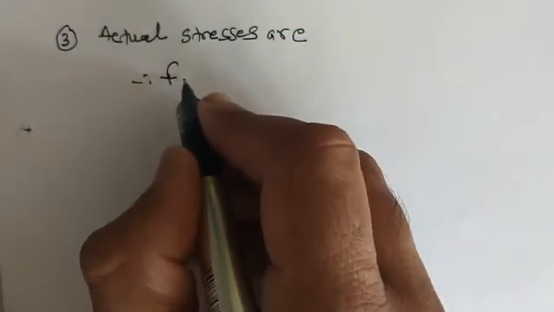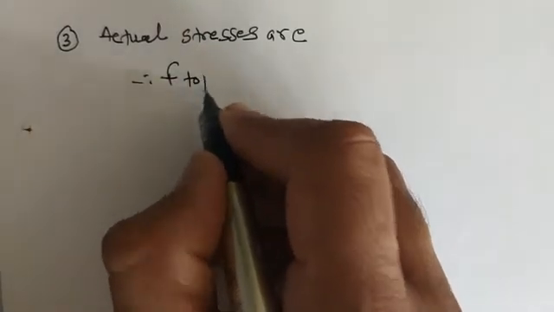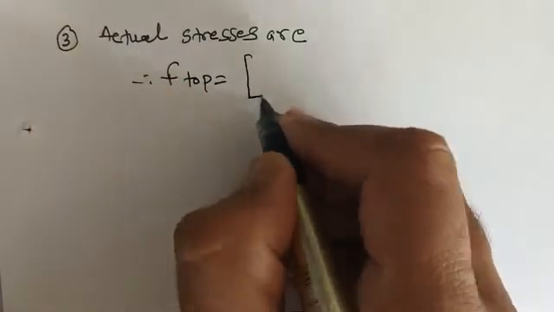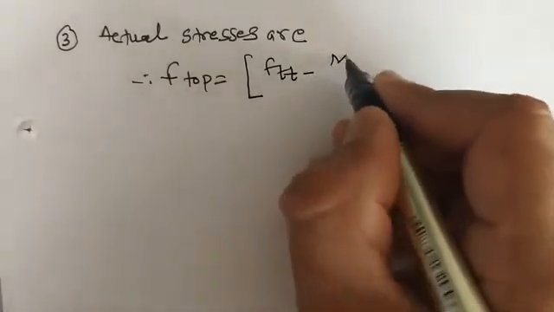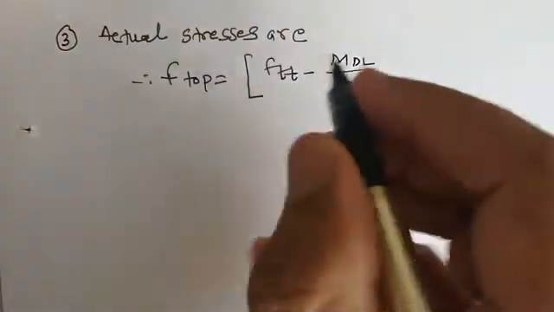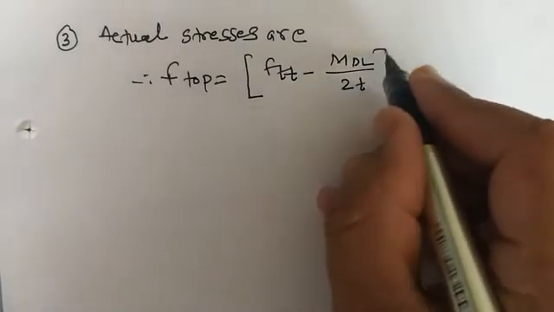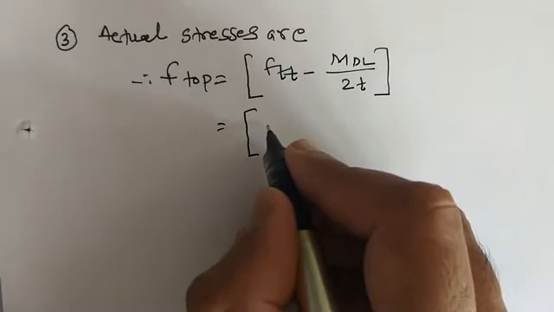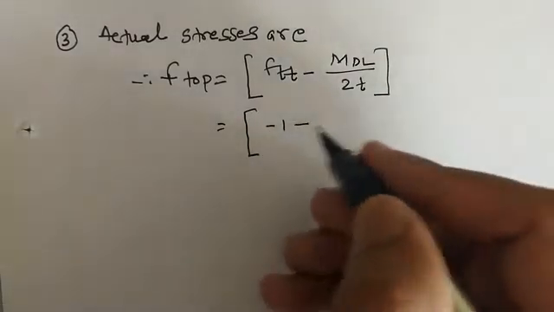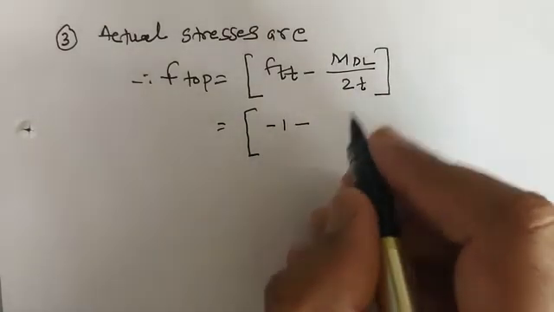So F top, it is the top fiber stress. The formula is F_TT minus bending moment due to dead load divided by Z top. So from this relation we get F_TT is minus 1. It is a tensile stress in transfer load condition.